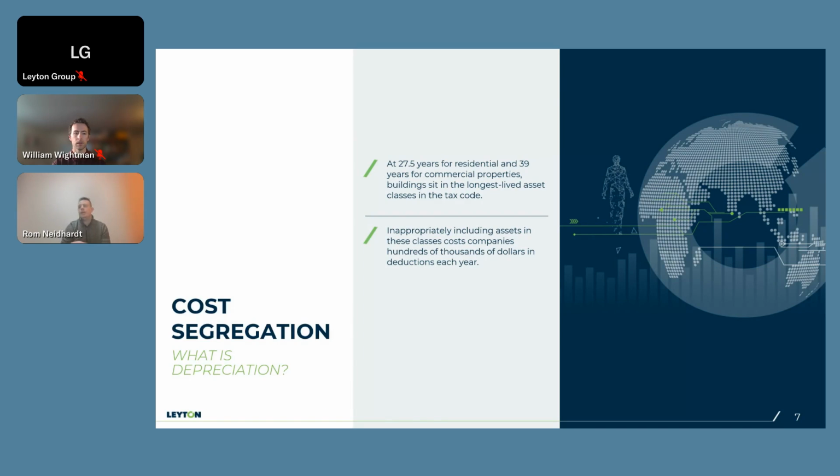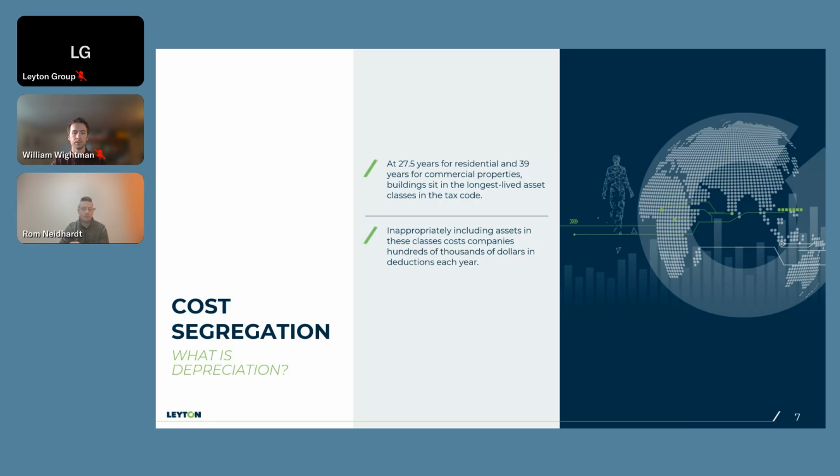So depreciation, right? At 27 and a half years and 39 years for commercial buildings, 27 and a half years for residential buildings, your buildings sit in some of the longest asset classes in the tax code, really, other than land, which can't be depreciated. So I guess that class life is infinite, but your buildings are going to be some of the longest lived assets you're going to own, which makes sense, right?